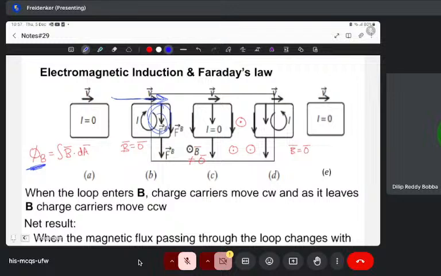The magnetic field is described as field lines passing through. I think you remember, right? Let's say I have a positive charge. I represent the electric field like this. I simply draw lines, right? Those lines are called electric field lines.